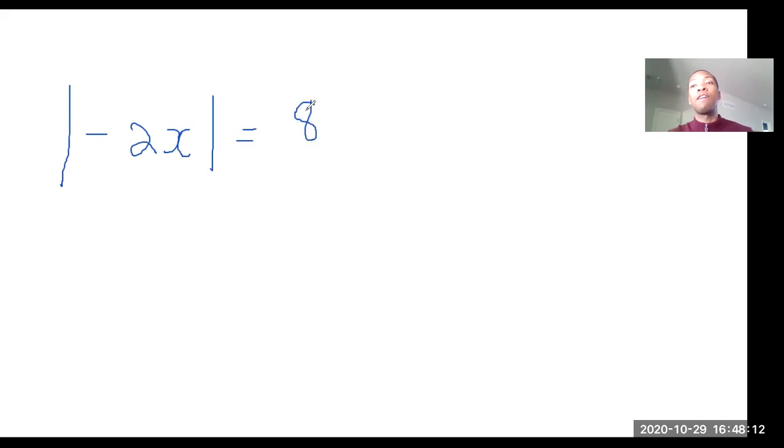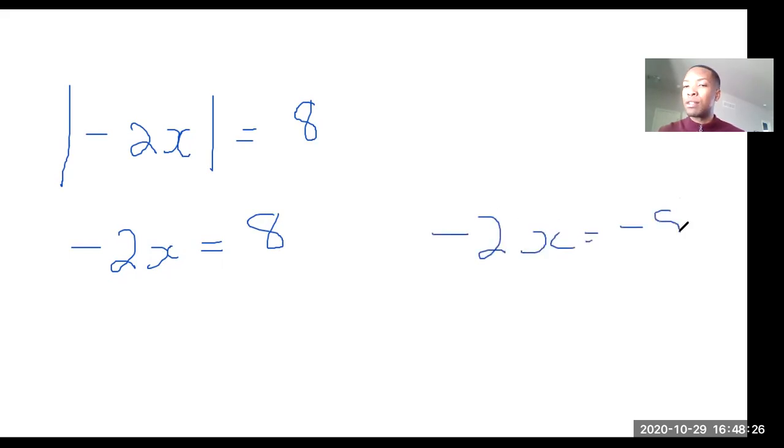In order for me to solve this question, I need to put -2x is equal to 8. There are going to be two values for x. -2x is equal to 8, and -2x is equal to -8. When I write it out like that, it immediately gets rid of the absolute value sign, because the absolute value is telling me that there's a positive value and a negative value.